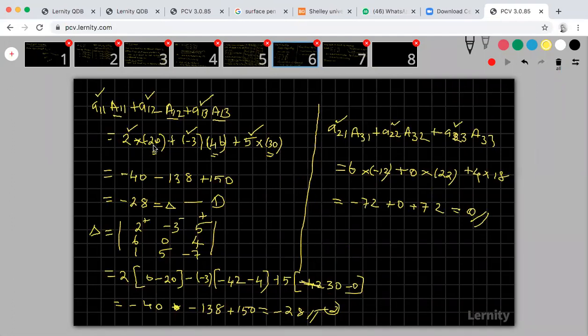This is 2 into minus 20, minus 40. This is minus 3 into 46, that is minus 138. This is 5 into 30, 150. Minus 40 minus 138 is minus 178. Minus 178 plus 150, the answer is minus 28.